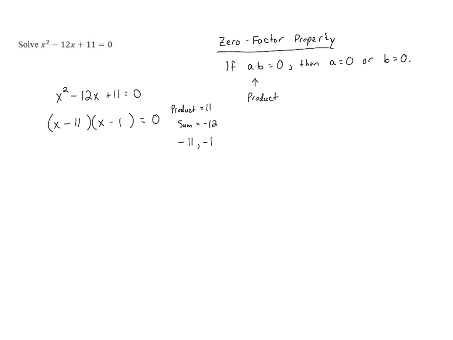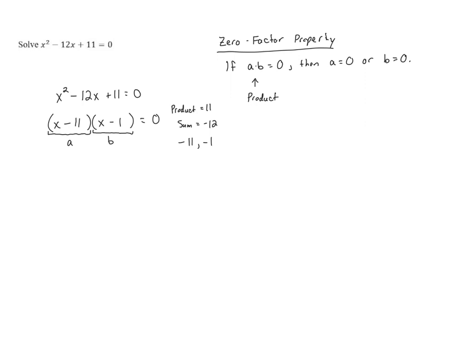So why does this help us? Well, we have just rewritten the equation as a product of two things, which we can call a and b, and that product is equal to 0, which is exactly what we have in the zero factor property. And the zero factor property says if that product equals 0, then either a equals 0 or b equals 0.